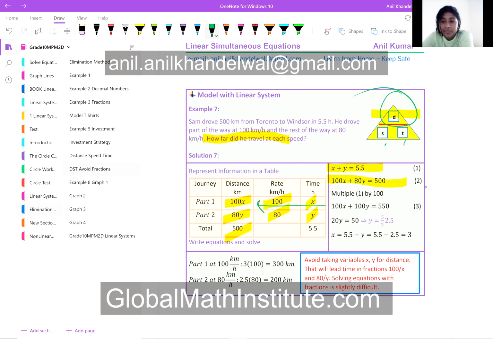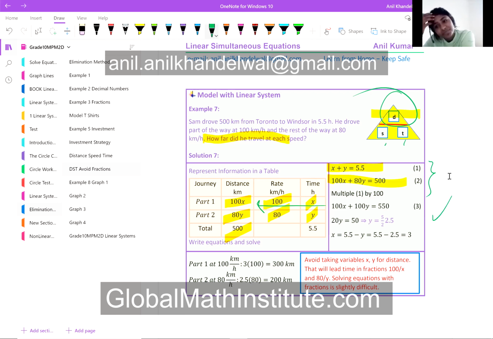You get my point. So for distance, speed, time, always define variables for rate or time, whatever is missing. Rate is given to us, we'll define for time. Got it? And really, the equations are much, much simpler to use, and that is how you should be doing in your examination. Clear?